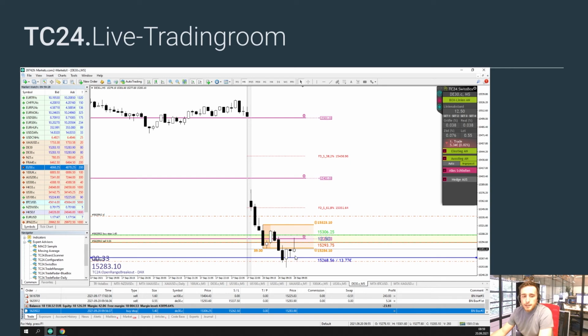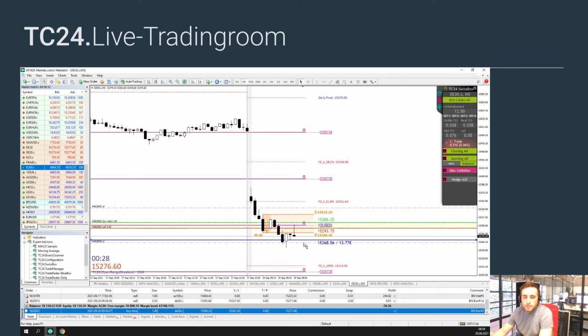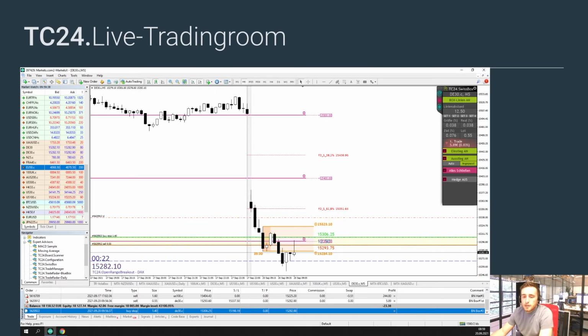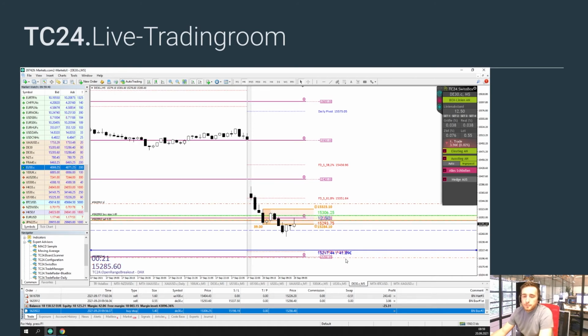So already getting some pre-opening volatility here. And you can even just move this down. Usually we would not extend a take profit on an opening trade or on the first trade in the SwissBox.